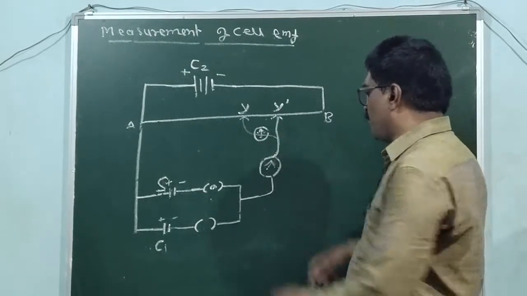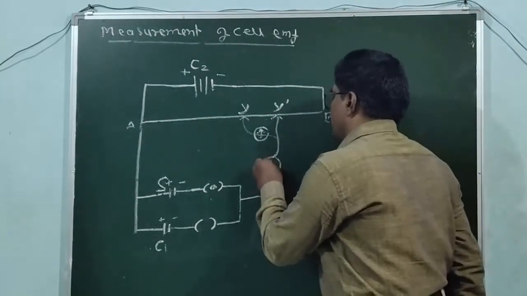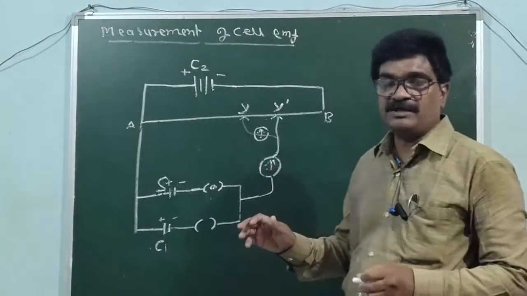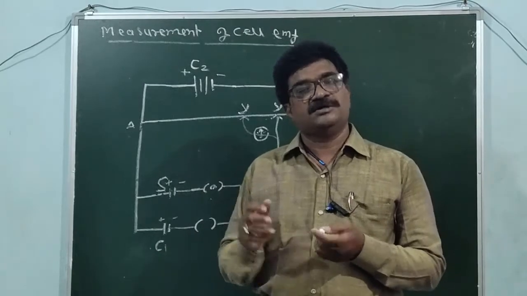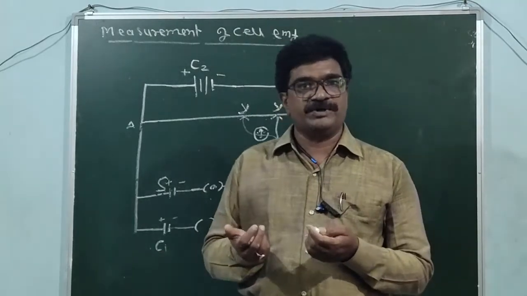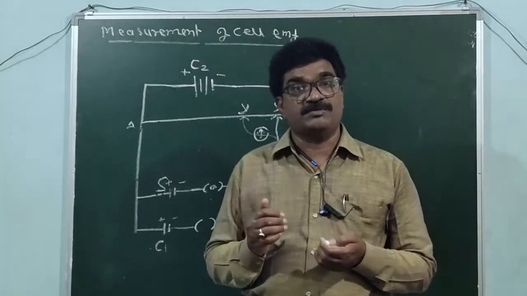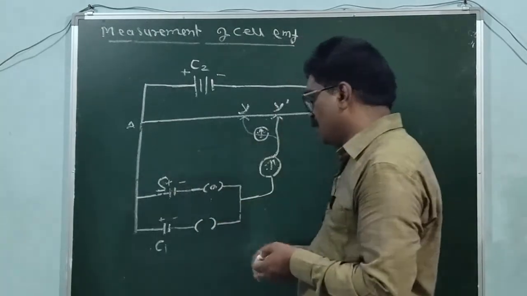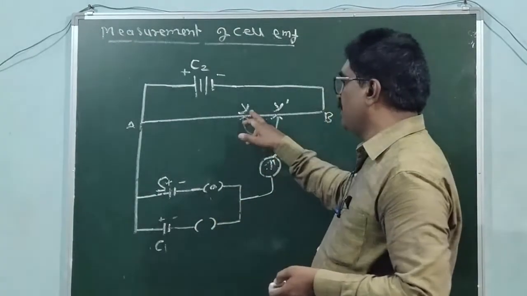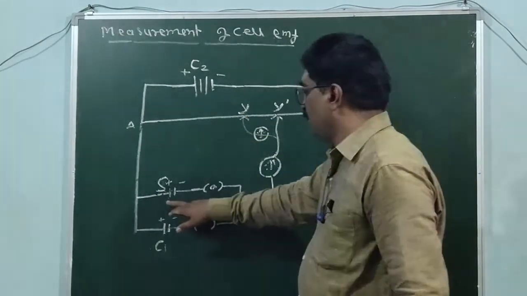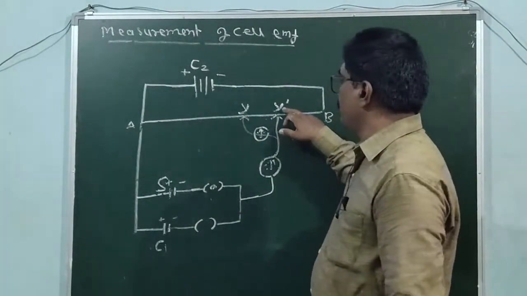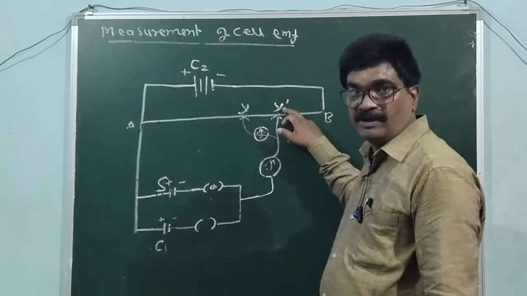Now this point is known as the null point. That means when no current flows through the circuit, there is no deflection in the galvanometer, and that particular point is called the null point. Now for cell C1, the null point will be at Y, and for the standard cell the null point is at Y prime.